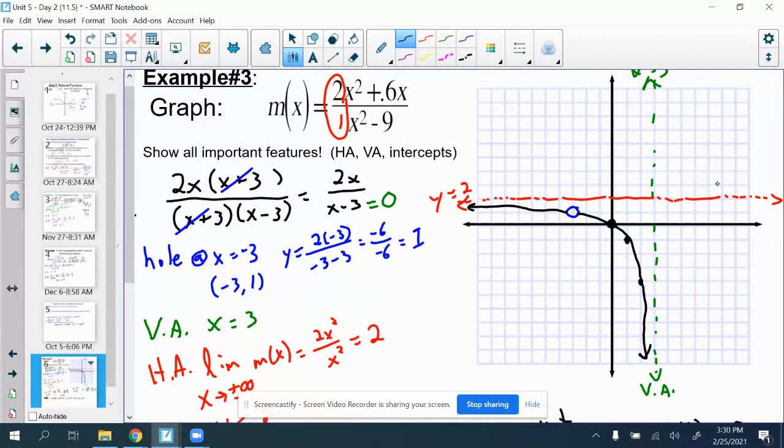I know up here we're going to have some kind of curve, so if I put 4 in, 2 times 4 is 8, 4 minus 3 is 1, so I know this will be at 8.